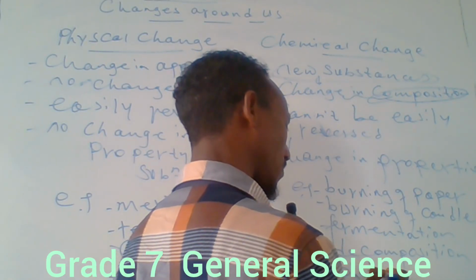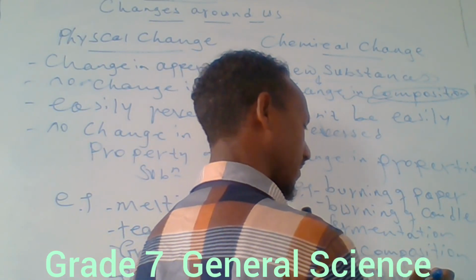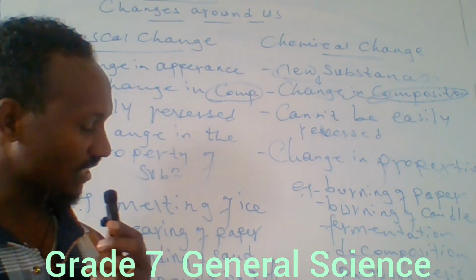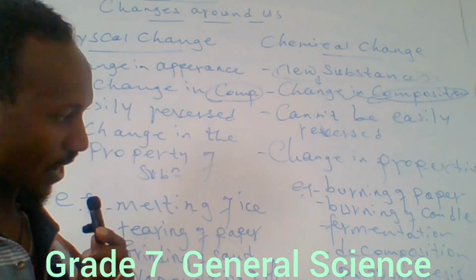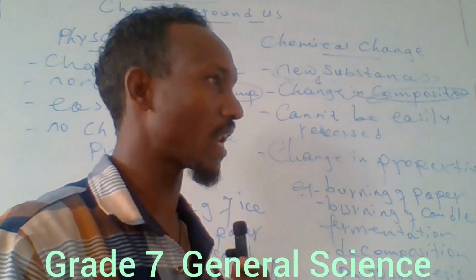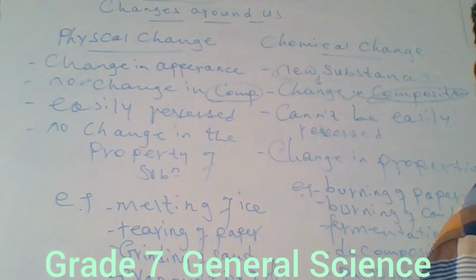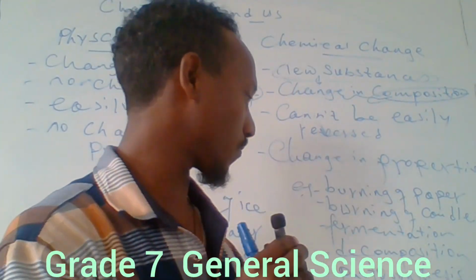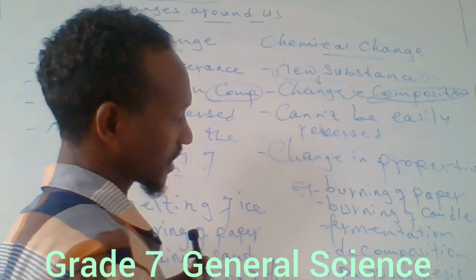Photosynthesis is the process plants use to make food, using their leaves in the presence of sunlight. With the help of chlorophyll, which is found in the leaf, plants can make their food. So the process is photosynthesis.